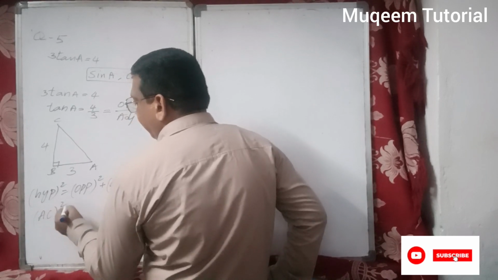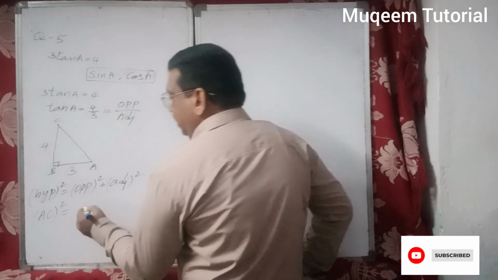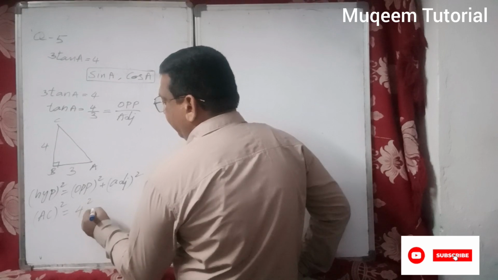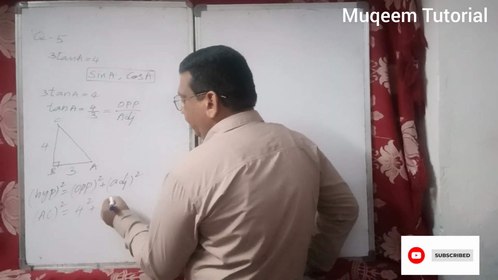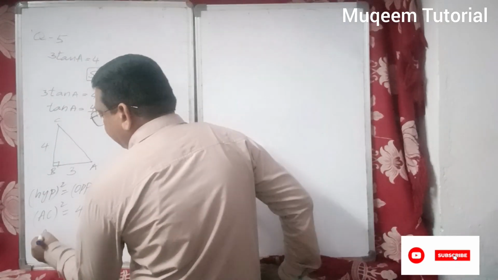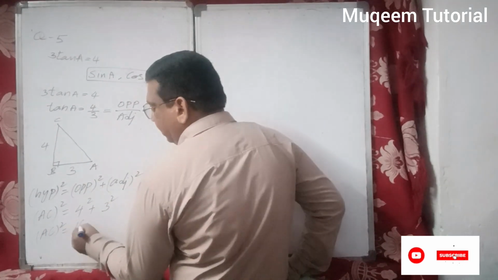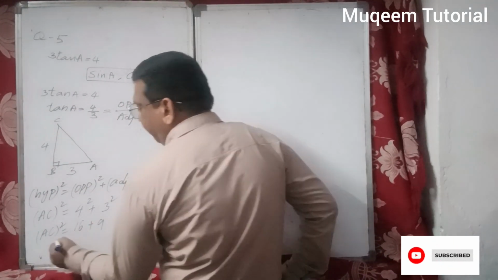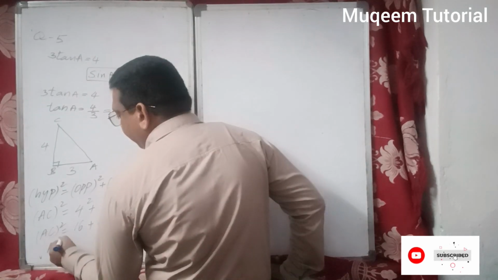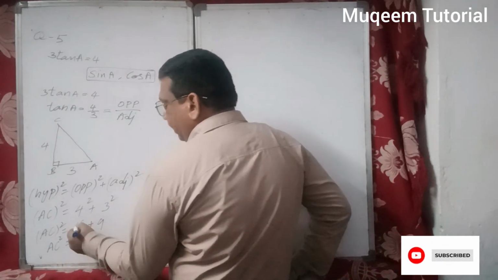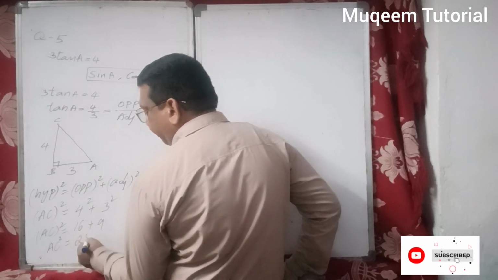AC square is equal to 4 square plus 3 square, 16 plus 9, which is 25.